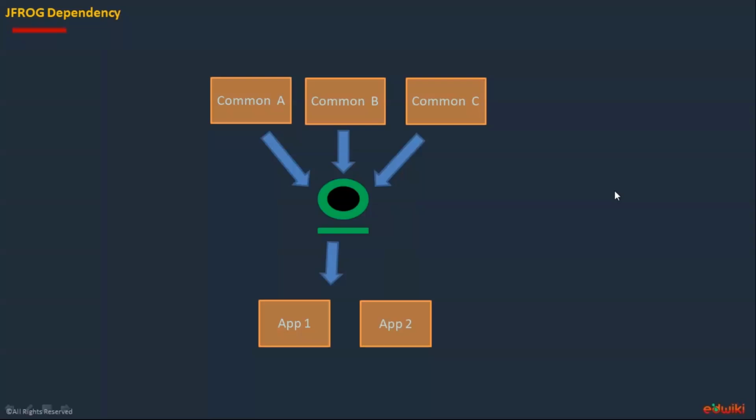So can I ask a question like this? Let's say application 1 has a dependency on common A, common B, common C. Once the application 1 build is completed, can I say that the build artifact includes the code base of application 1 plus common A, common B, common C, correct?